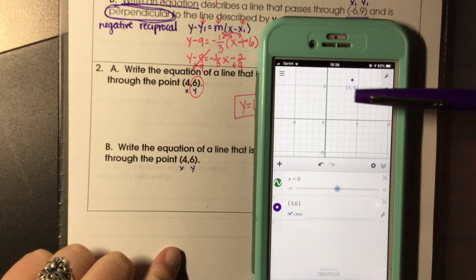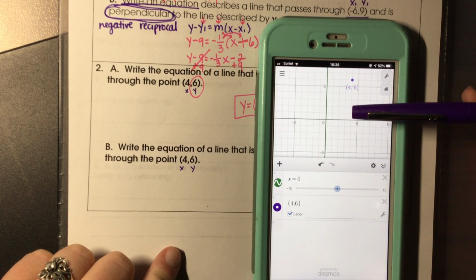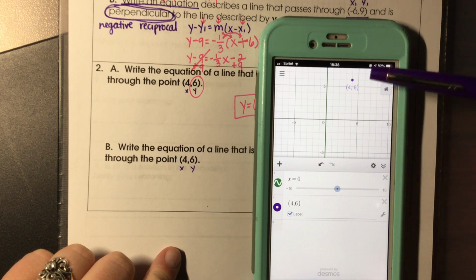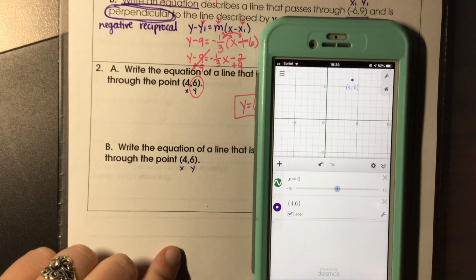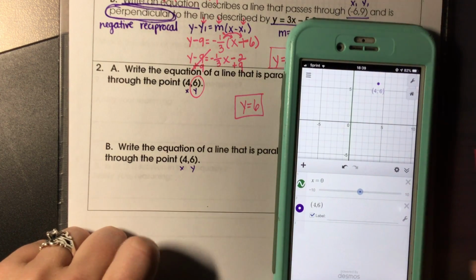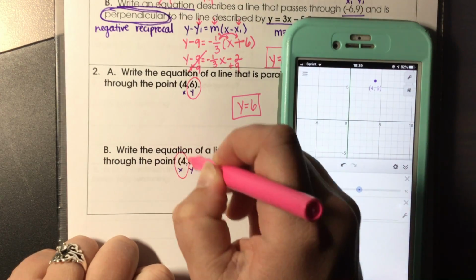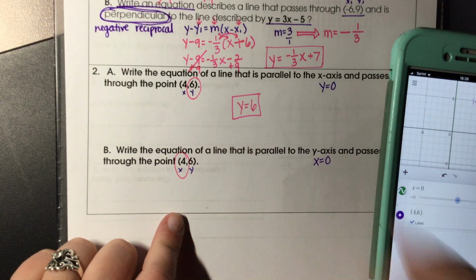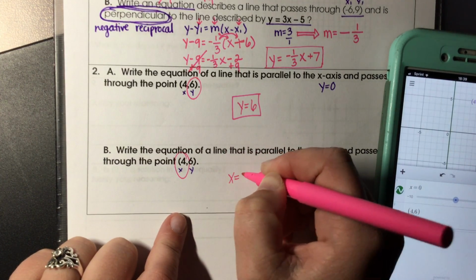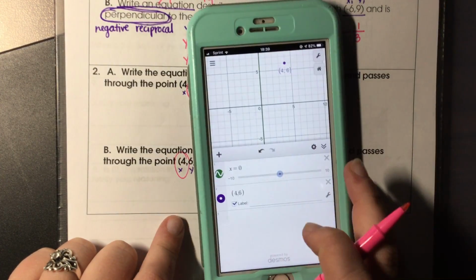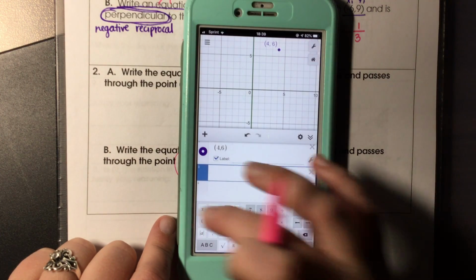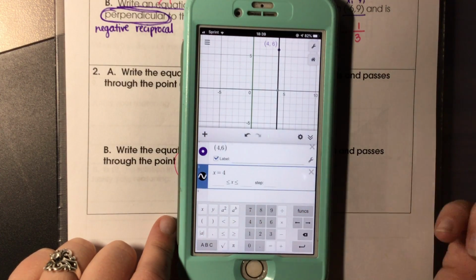So if I look right here, I go over 1, 2, 3, 4. My x value, where I could get this vertical line, is going to be at x equals 4. Once again, my x value right here, because we're now talking about x, is 4. So I'm going to try the line of x equals 4.